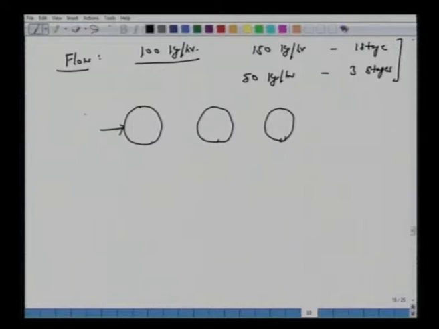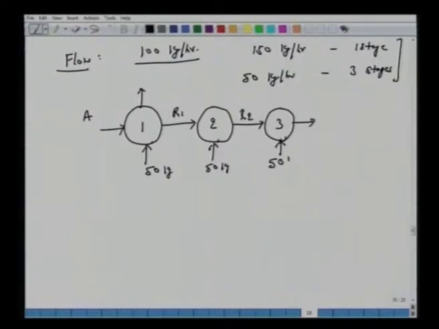So we have this feed A, bring in contact with the solvent, stage 1, treat this, take the raffinate R1, bring in contact with the second stage, treat this R2, bring in contact with the third stage, same around 50 kg, you have 50 kg per hour.